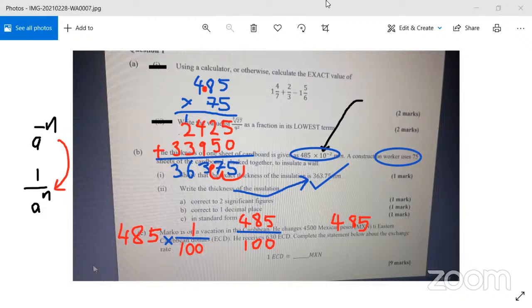Right? So there are the options here. For 485 times 1 over 100, which is the same as this, which is the same as this. Yeah? So 3 different ways of expressing the same number, right?